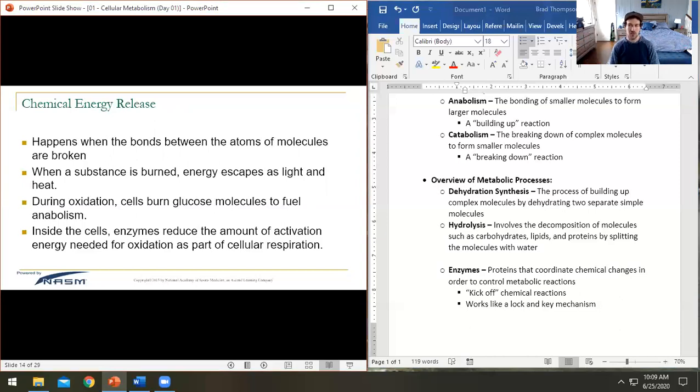Atoms are the smallest thing in the universe. They're one piece. They're not really meant to be broken up into individual pieces. Now molecules, which are much larger, are made up of a lot of atoms, so we can break those down and release little bits of energy. But anytime you break something, energy is going to get released. Think about the last time you broke a stick and it was really loud. That was still energy being released.